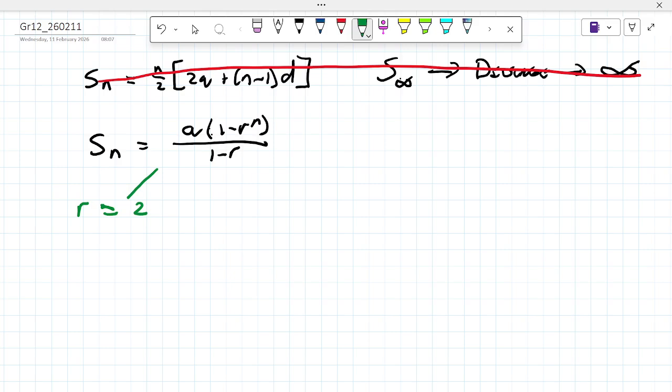If we start with 2, what will be the next term? It will be 4, right? What will be the next term? No, 8. And the next would be 16 plus and so on.